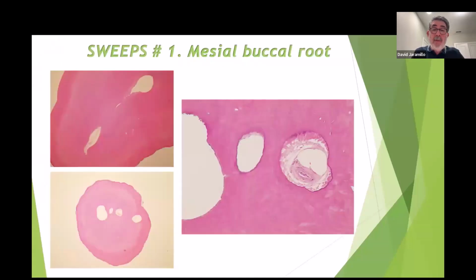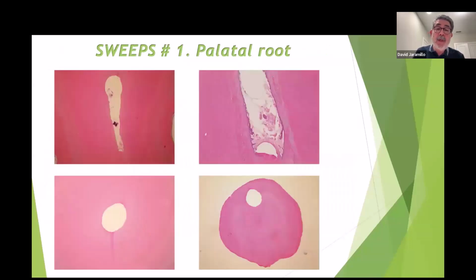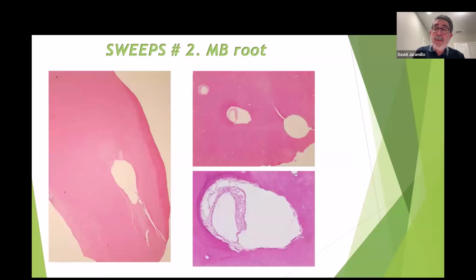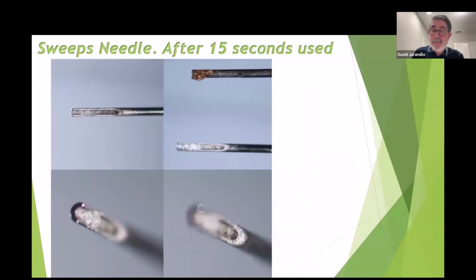So these are the results. The debridement is not that good, as we can see here. I'm gonna rush because I'm running out of time. Something I noticed with the use of SWEEPS is that the needle I was using to irrigate got constantly blocked.